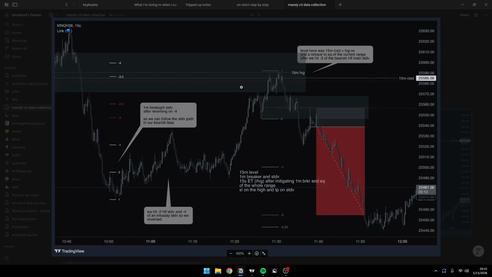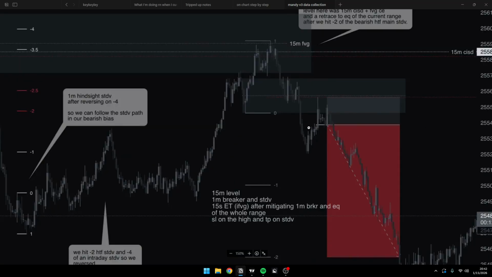And yeah, once we respect this 15-minute continuation level, we wait on the 1 minute to get our breaker, and we get it right here with this leg down. We come up, we hit EQ, and here on this candle, I can't zoom in more, but we have this sliver of FEG that got inversed right here, so we could just enter right here.